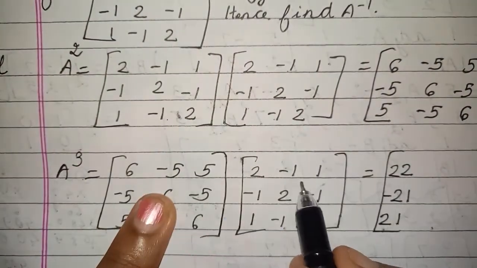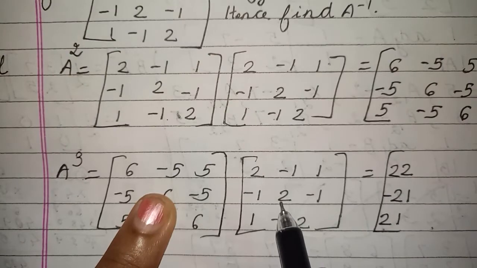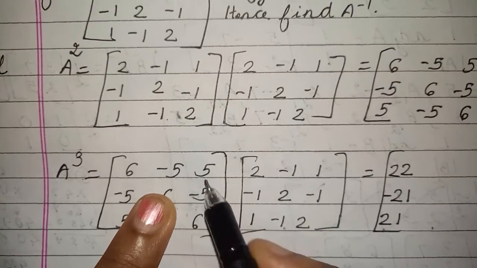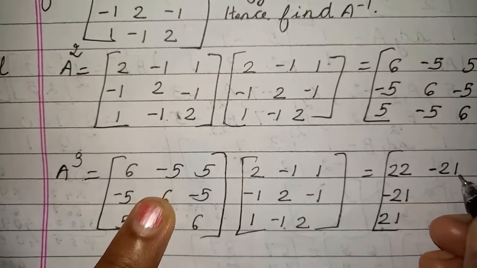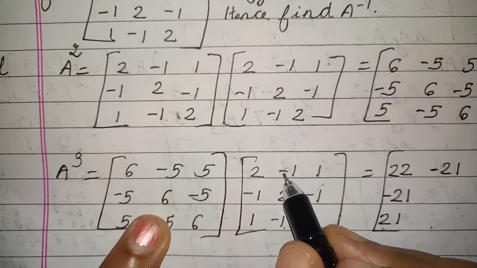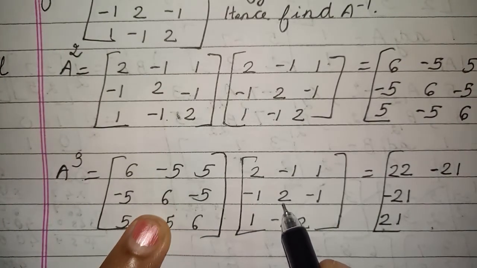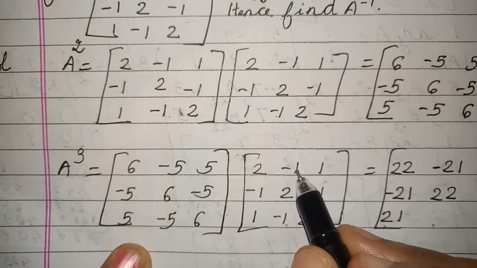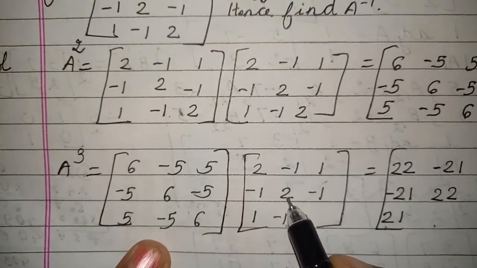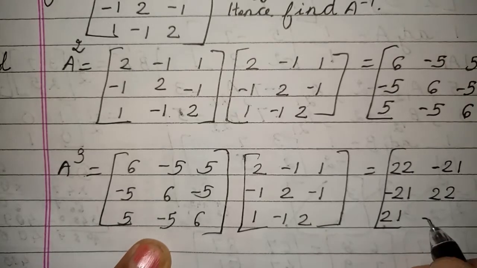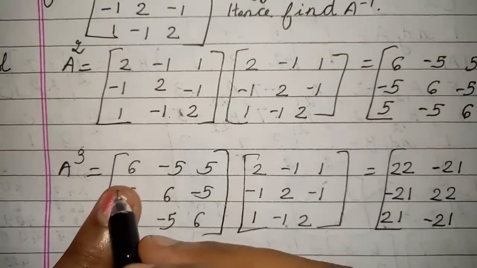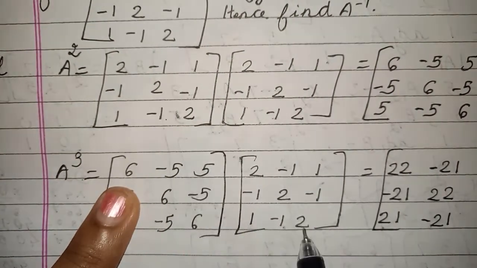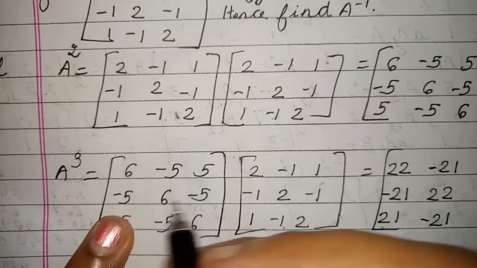Again here. This is minus 6, minus 10, minus 16. Minus 16, minus 5, minus 21. Plus 5, plus 12, plus 17. 17 plus 5, 22. 5 minus 5, minus 10, minus 15, minus 6. 6 ones are 6 plus 5, 11 plus 10, 21.